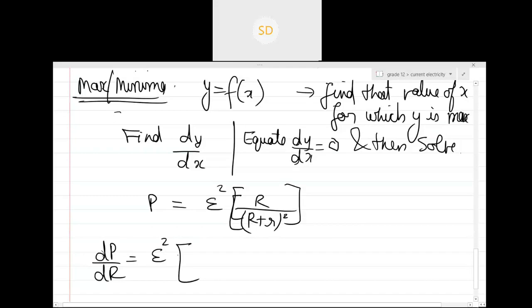We write v as it is, (R plus r) square, into the differentiation of R with respect to R, which is 1, minus R as it is, and the differentiation of (R plus r) square, which is twice of (R plus r) multiplied by 1.